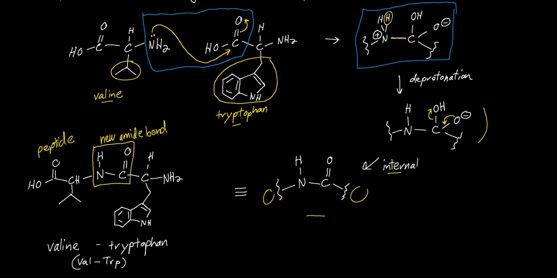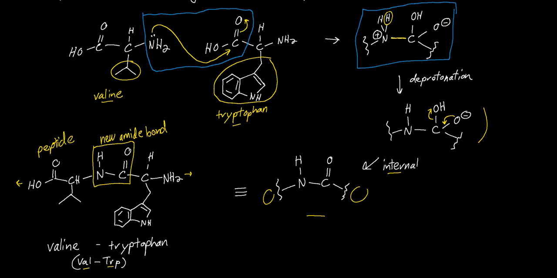We stuck our R groups on here, and the names of peptides are as simple as you can get. They're just the names of the two amino acids. So valine tryptophan is the name of this peptide. And if you added another amino acid like leucine, it would be valine tryptophan leucine. They have abbreviations, Val, Trp, like that. Like I said, these can continue to add on both ends. The carboxylic acid end can react with an amino end of another amino acid.